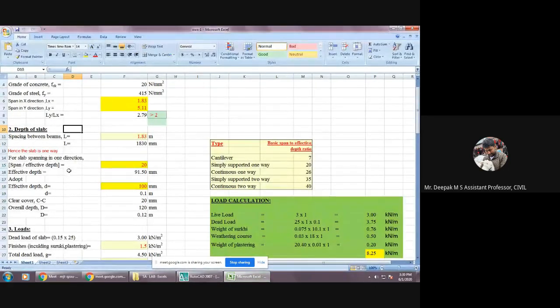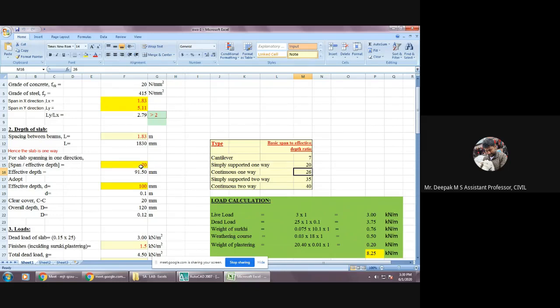For this condition, span by effective depth ratio is taken as 20. This can be seen in IS 456. In IS 456, this particular table is given, right? In that we can write it for simply supported one way and continuous one way.